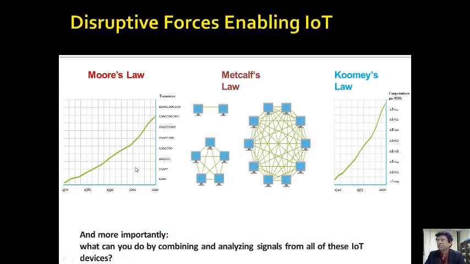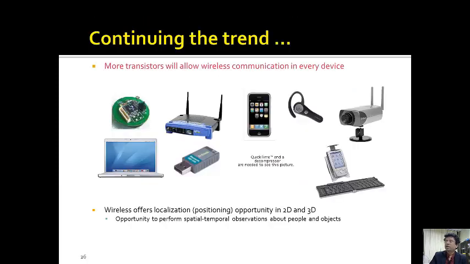So the disruptive force is enabling the Internet of Things. These are some of the factors: Moore's law, Metcalfe's law, Kumi's law, and that is the main driving force. The computing power, that is the number of computations that you can do per chip, has increased exponentially.